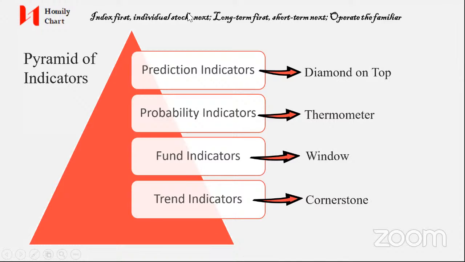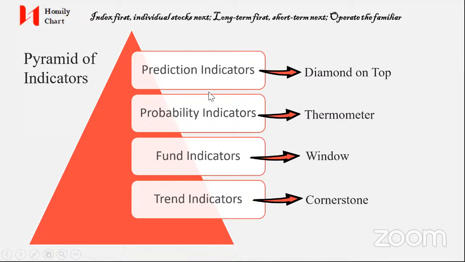And then apart from the probability indicators, we have prediction indicators. So later we also will talk about some details about these different categories. How do we judge whether an indicator is a trend indicator, fund indicator, probability indicator, or an indicator to do prediction? I say prediction indicators are like the diamond on the top of the pyramid.